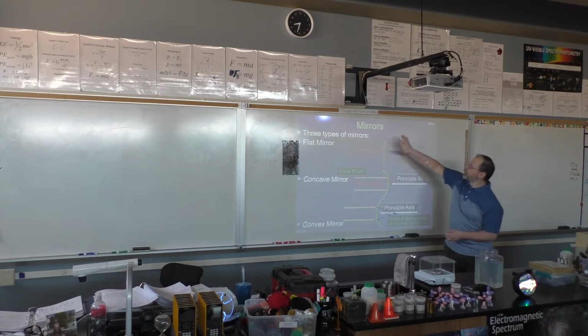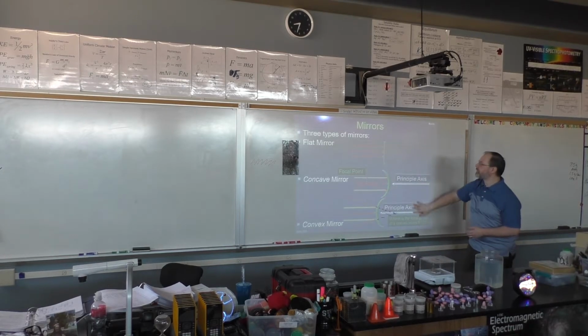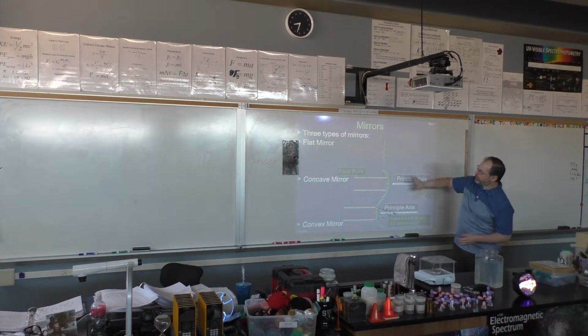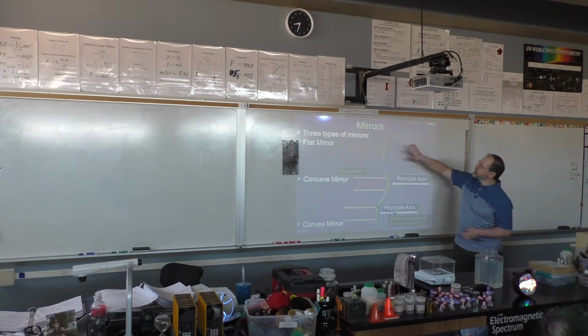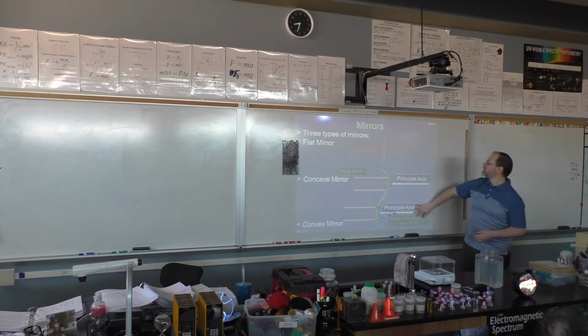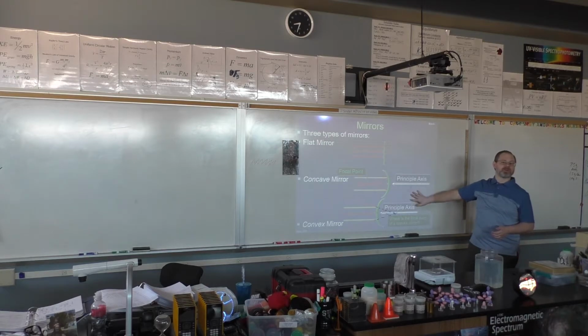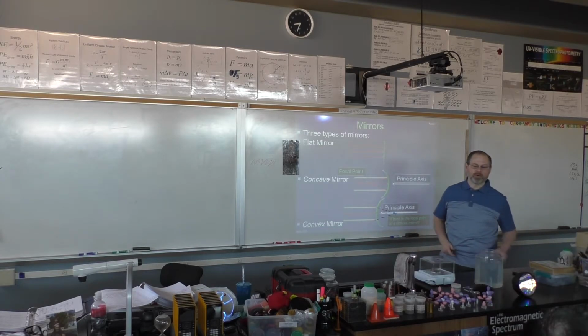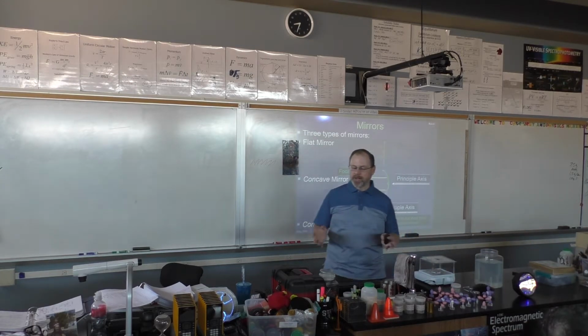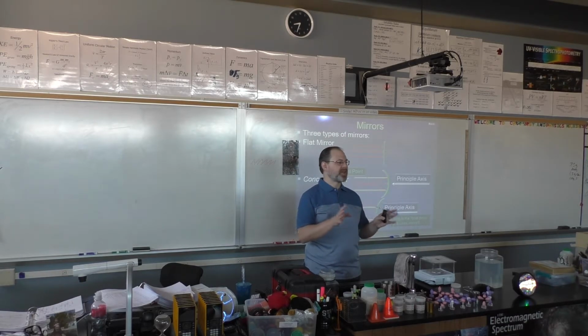If the light is on this side, but the image forms on this side, which happens with a flat mirror and a convex mirror, and a concave mirror sometimes too, it is a virtual image. Now, it doesn't mean not real. It just means we need some sort of lingo to say image forms where the light is not. Make sense? We move on?